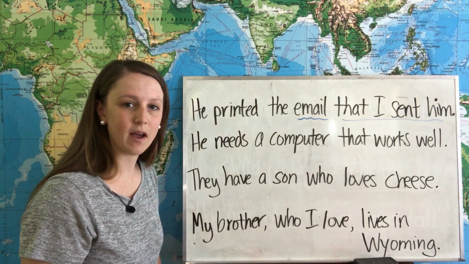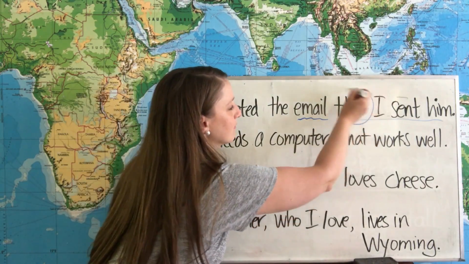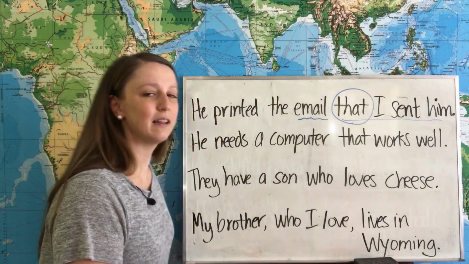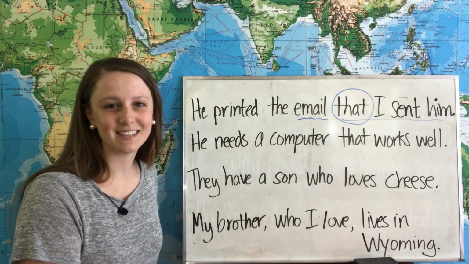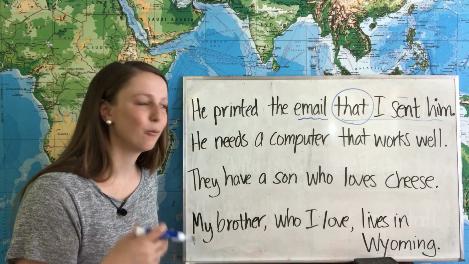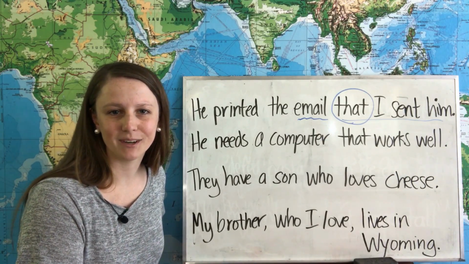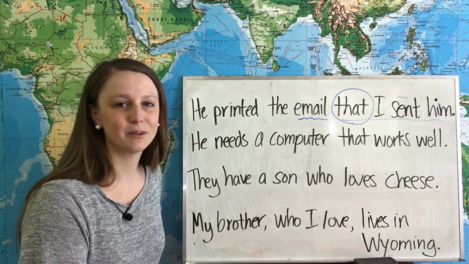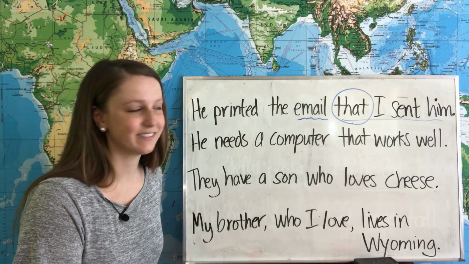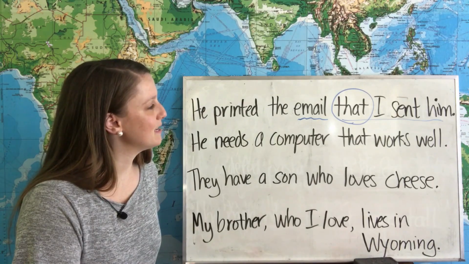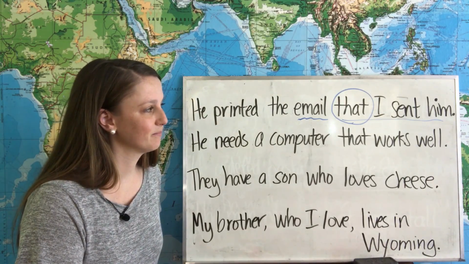The relative pronoun is that. Relative pronouns for adjective clauses can be the word that, which, who, or a variety of other WH words. In this case, we're using the relative pronoun that. He printed the email that I sent him.